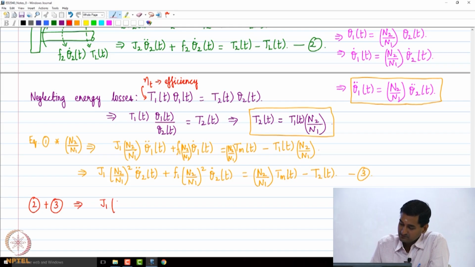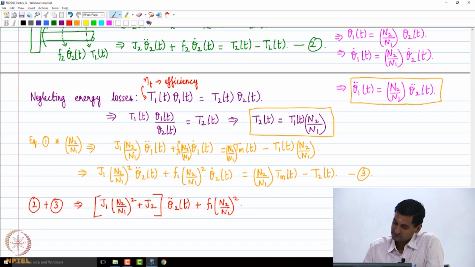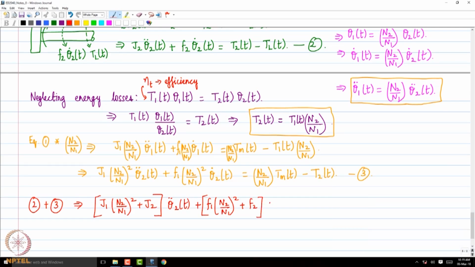It will give me J1 N2 by N1 whole square plus J2, theta 2 double dot t, plus F1 N2 by N1 whole square plus F2, theta 2 dot t, that is going to be equal to N2 by N1 TMt minus TLt.